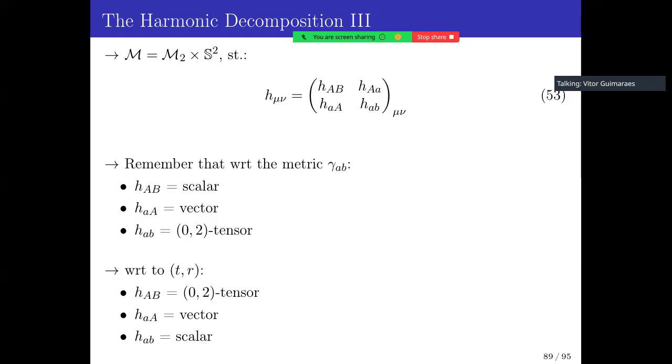This separation will help us a lot because we're going to do the perturbation of the Einstein tensor separately. We're going to construct the perturbed odd Einstein tensor and see how these equations look, and then construct the even perturbed Einstein tensor.